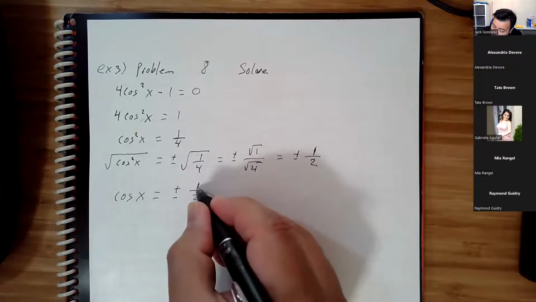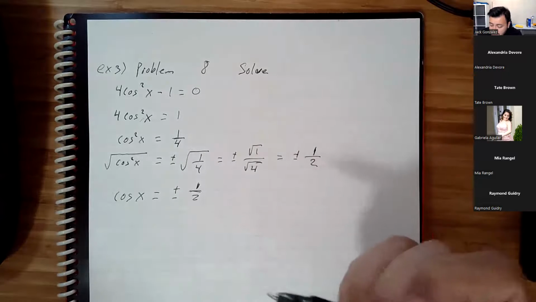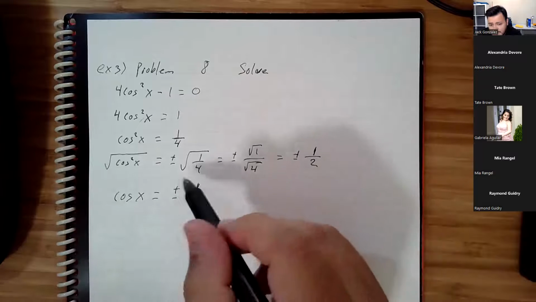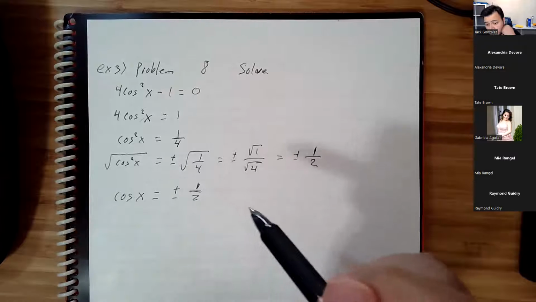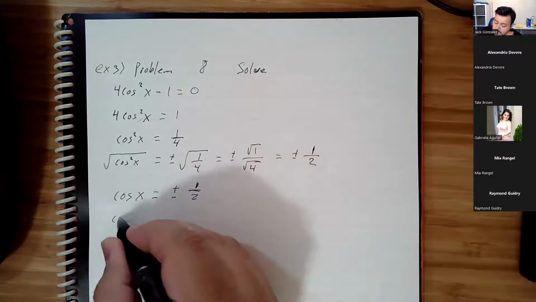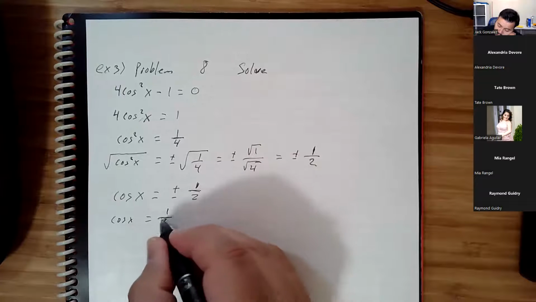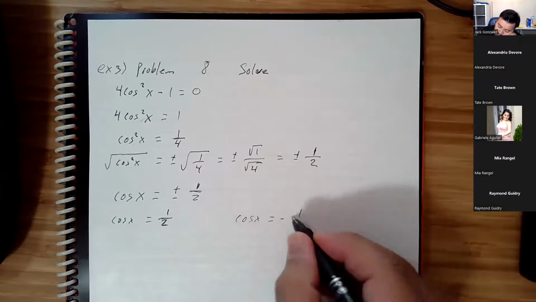I showed the square root steps there just in case you forgot. But notice we have a plus and a minus. That's really 2 equations we have to deal with. So we're going to have a lot more answers. So deal with the half and then deal with the negative half.